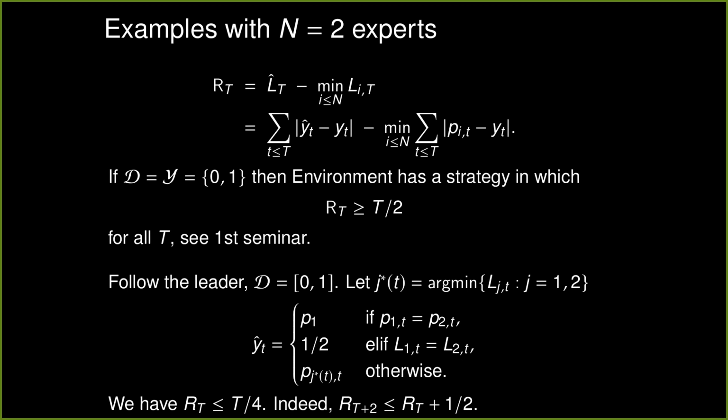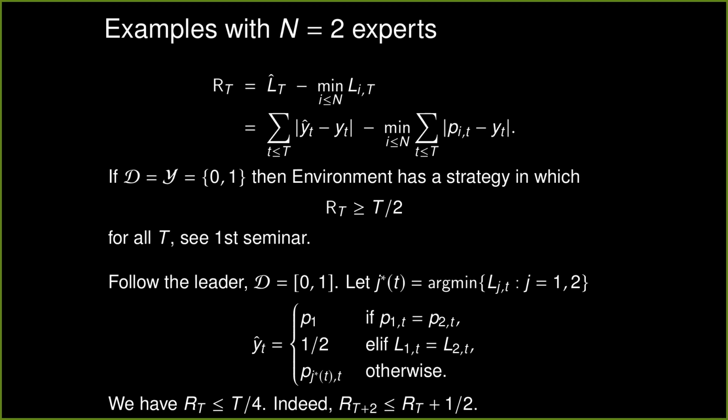The strategy is called follow the leader. He will always listen to the expert with the smallest loss. If both experts have the same loss and they make a different prediction, then he will use his move 1/2. So D is equal to 0, 1/2, and 1.